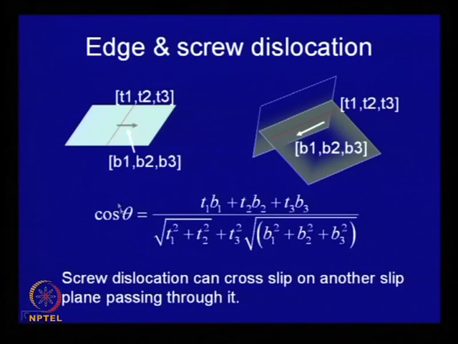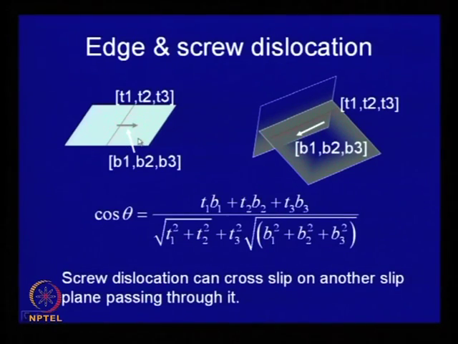And so, therefore, it is very easy to check, if the dislocation Burgers vector is given and the slip plane is given, it is quite easy to know which dislocation will be mobile, which will not be mobile.